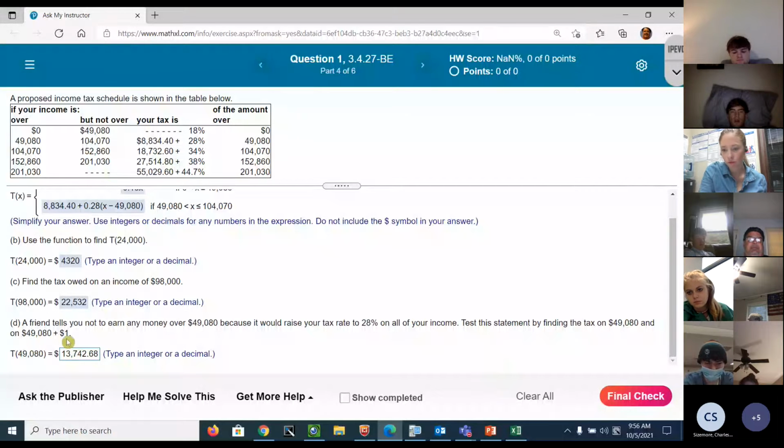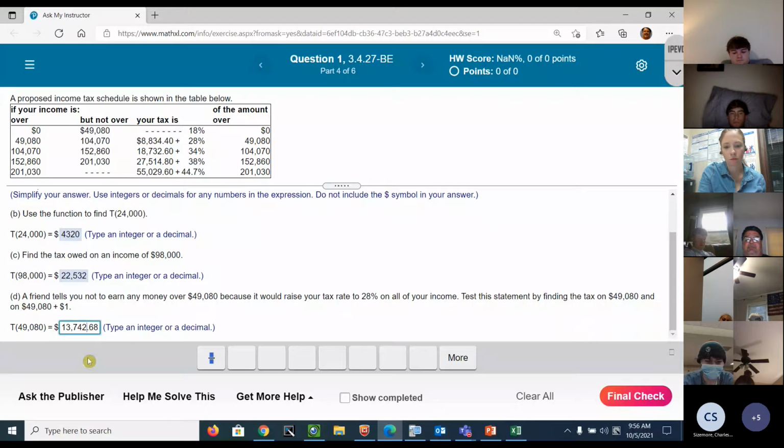Well, that's ridiculous. $1 is going to put you over into this next bracket, and you're going to type in $1 into this 8834 right here. You're going to end up with a little bit of money over, yeah, right here, 13,742. So yes, you're going to pay extra money. Each level you go up, you're going to pay extra money.